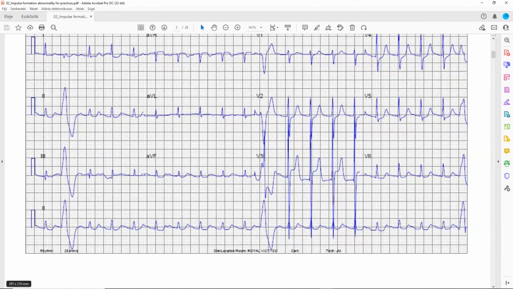This is 1, 2, 3, 4, 5. 3 seconds. 4 seconds. 5 seconds. 6 seconds. How many do we have? 1, 2, 3, 4, 5, 6, 7, 8, 9, 10, 11, 12, so 120. Okay, so yeah, tachycardia.